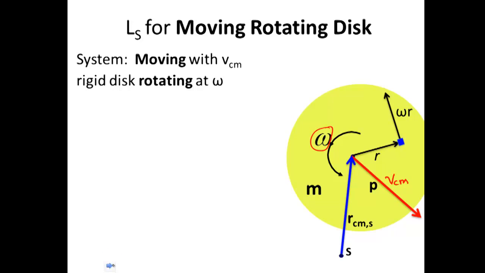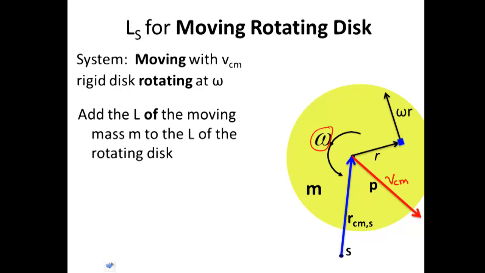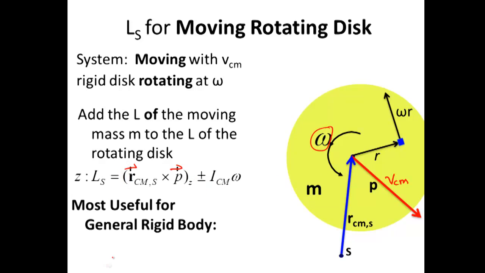Adding the angular momentum from those two motions together, we come up with the formula that the angular momentum about point S is r cross p, or that term, plus or minus I about the center of mass. This should turn into the most useful formula for a general rigid body, where we don't evaluate the r cross p, but we just look at the z component of that.